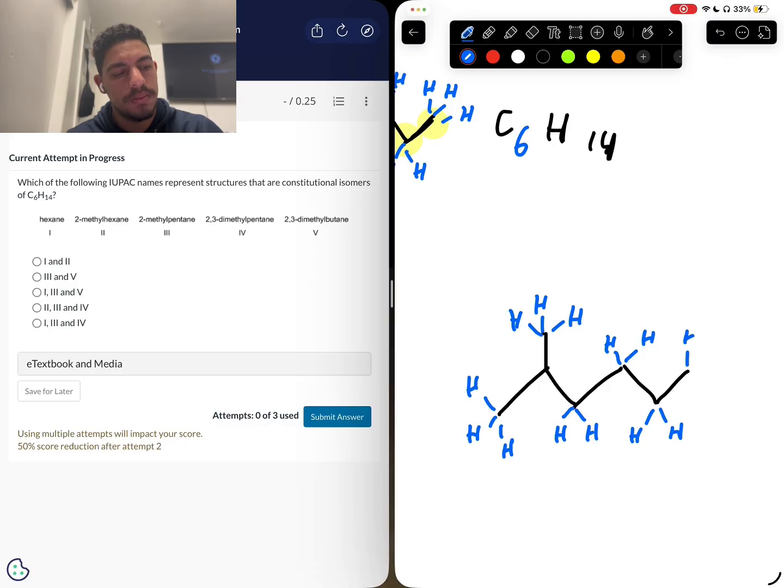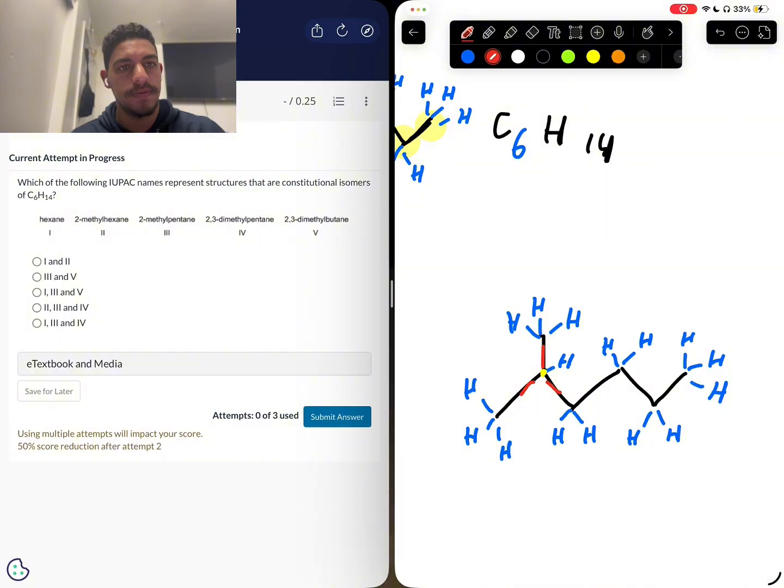So keep in mind, 1, 2, 3, there's also a hydrogen here. That's because of octet. If you take a look at this carbon right here, it's bonded to 1, 2, 3 groups. It needs one more to fulfill octet. That's why you have that hydrogen there.